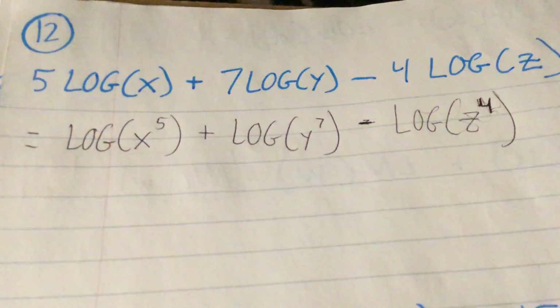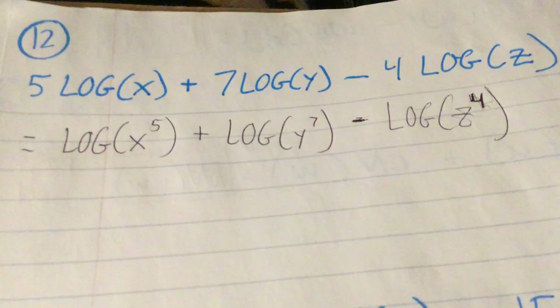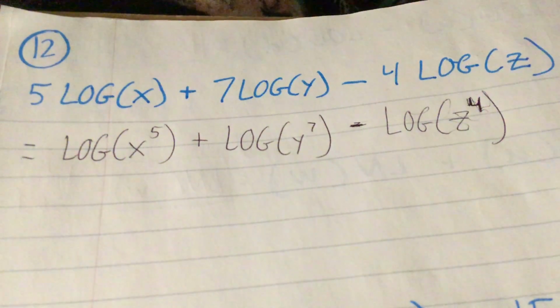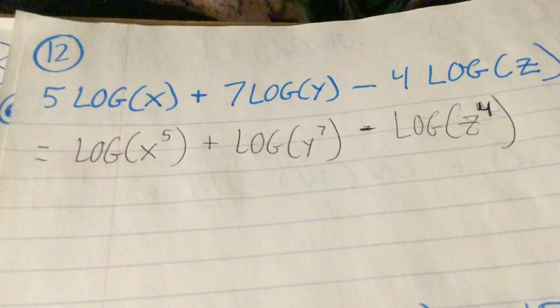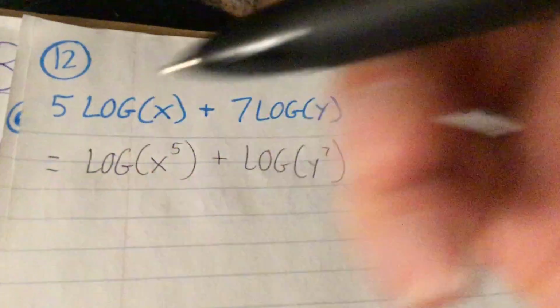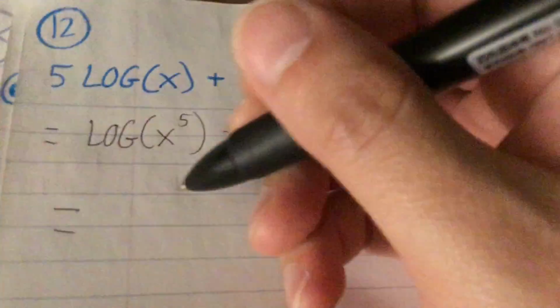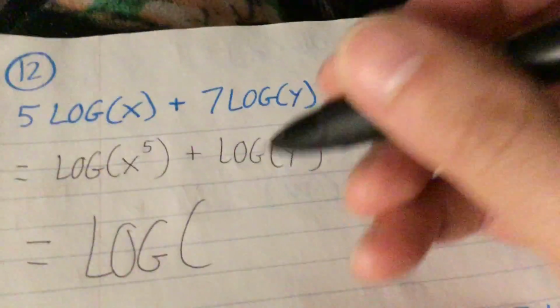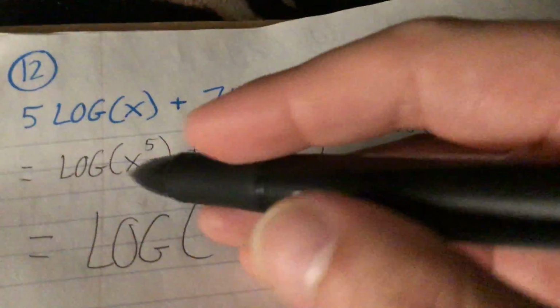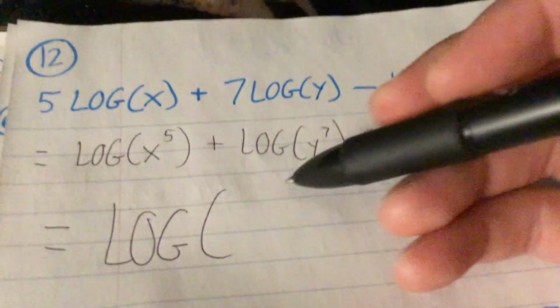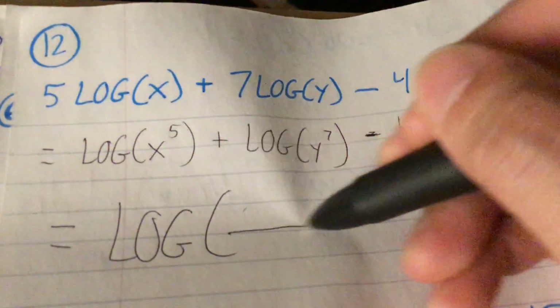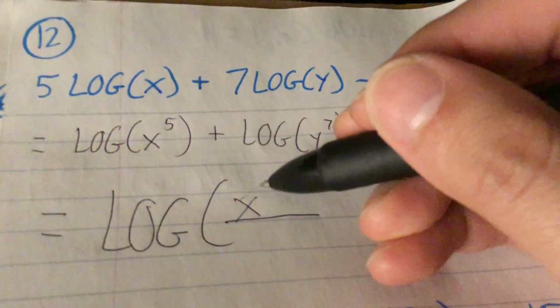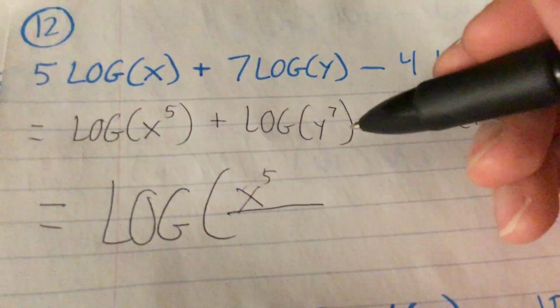Okay, now what's my big hint? If you're ever confused about which goes where, positives go in the numerator, negatives go in the denominator. So I can make this one neat little logarithm by saying log of, okay, x to the 5th. Is that positive or negative in front? Well, that's positive, so that goes on the top, x to the 5th, plus log of y to the 7th.